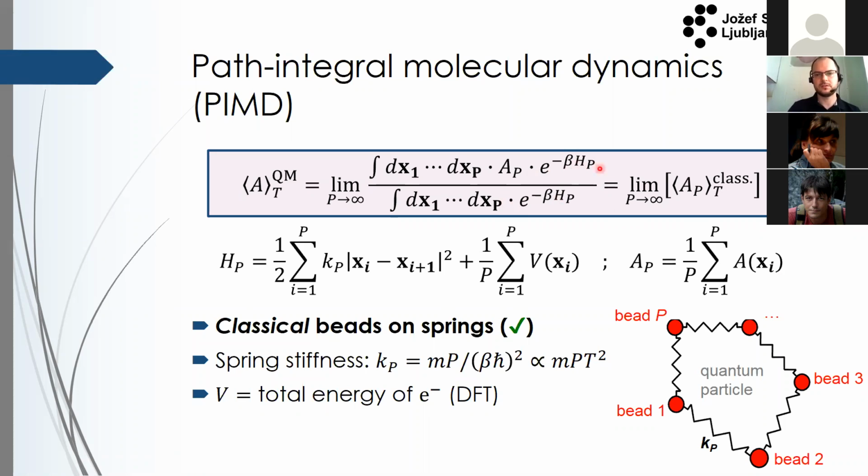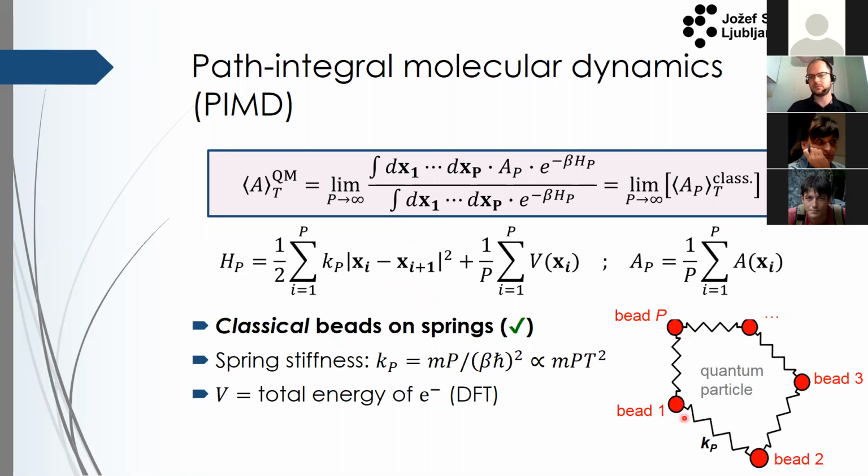And the effective Hamiltonian for the classical replacement system that we're studying has the usual potential from before, plus something that looks exactly like springs, basically. So harmonic interactions between neighboring intermediate positions x_i. We can interpret this as describing a Hamiltonian of classical beads, so classical point particles connected by springs with K_P stiffness.